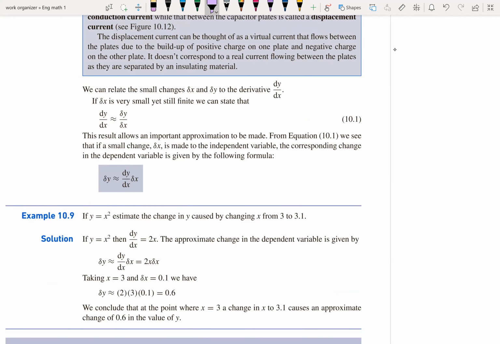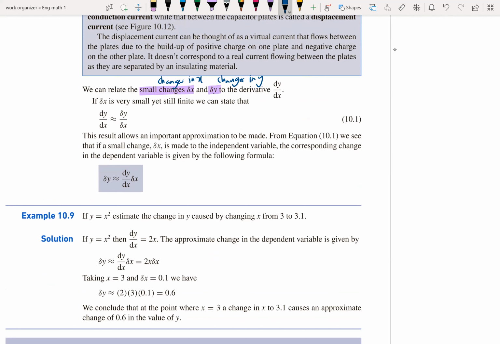Now we can relate small changes, delta x and delta y. Delta x and delta y mean changes in x and changes in y.